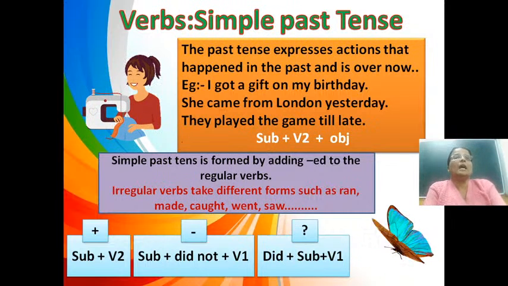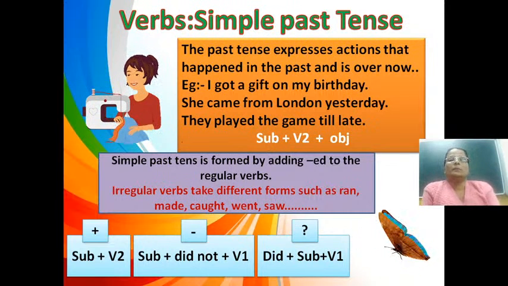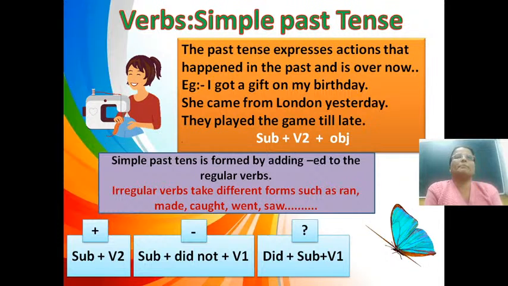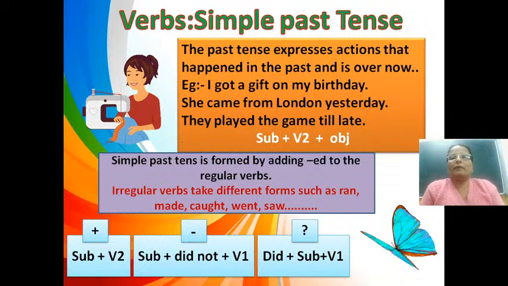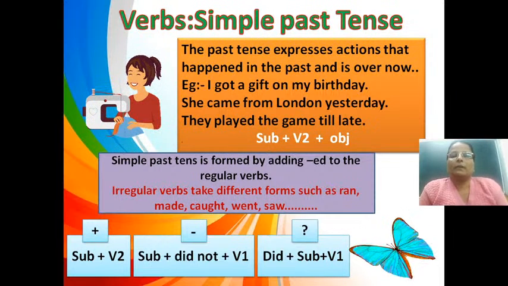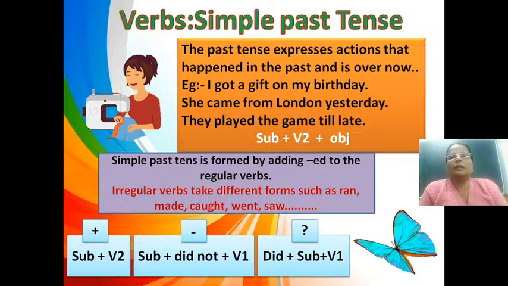Now let's see how do we form positive sentences or simple sentences in simple past tense. If we want to make a sentence, what format should we follow? You know, simple present tense or base form of the verb is called V1, and past tense form of the verbs are called V2.